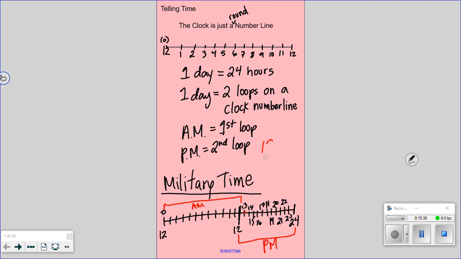So if I'm talking about 2 o'clock in the afternoon, what would I say if I'm using military time? I'm not going to say 2 p.m. I'm going to say, Jordan, 14 o'clock. What if I'm talking about 3 o'clock in the afternoon? What might I say, Mason?